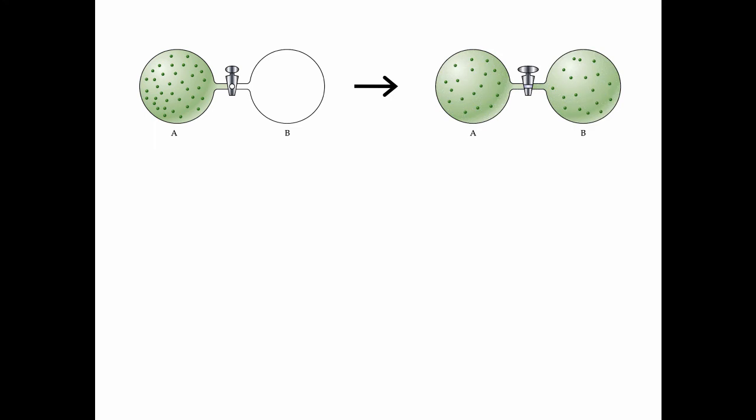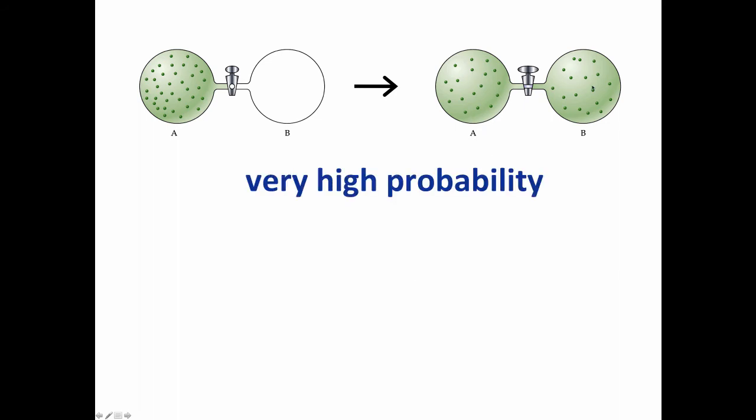So if we go to a larger number of molecules, it's highly likely that they will distribute themselves relatively equally, about half the molecules in bulb A and about half the molecules in bulb B. That has a very, very high probability of occurring.